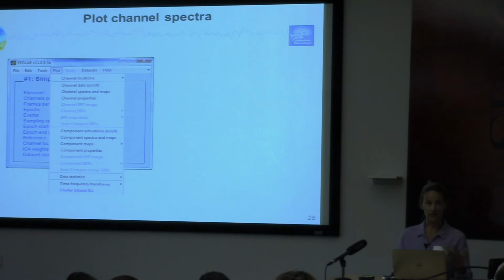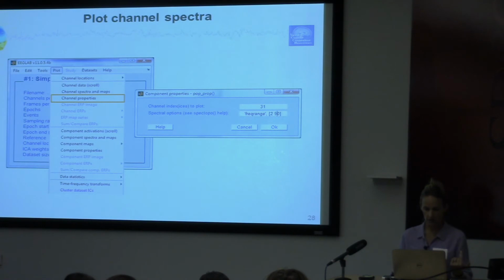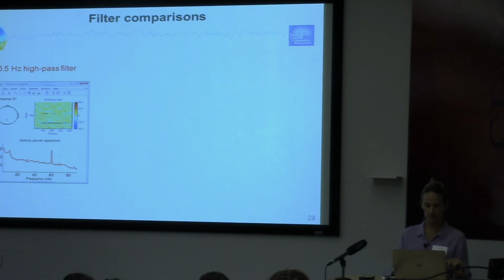So I'll show you what it looks like when you use Cleanline versus a low pass filter. You could look at this using channel spectra and maps or channel properties, which I'll show you. In channel properties, you can just type which channel you want to look at and the frequency range. Here we want to go above 60, so we can look at the 60 hertz peak.